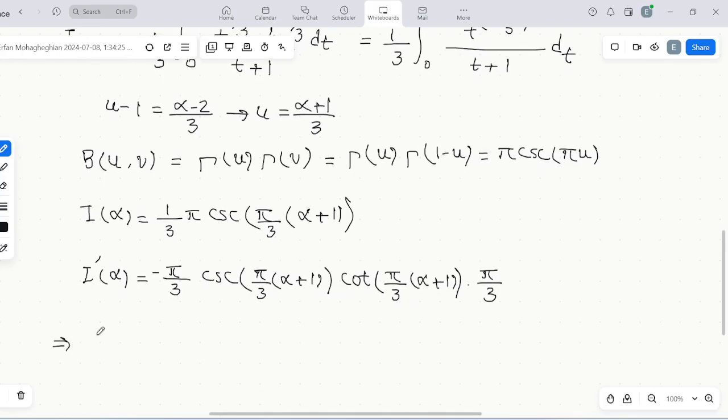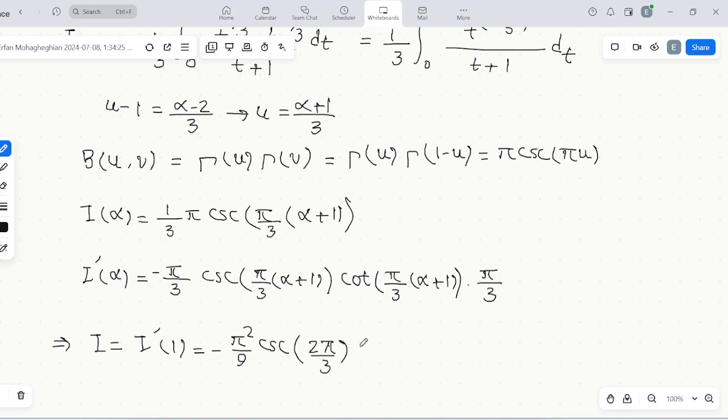And finally, our integral, which is I prime evaluated at 1, is equal to, combining those two factors of pi over 3, negative pi squared over 9 times cosecant of pi over 3 times 1 plus 1, so that's 2 pi over 3, multiplied by cotangent of the same argument, 2 pi over 3.